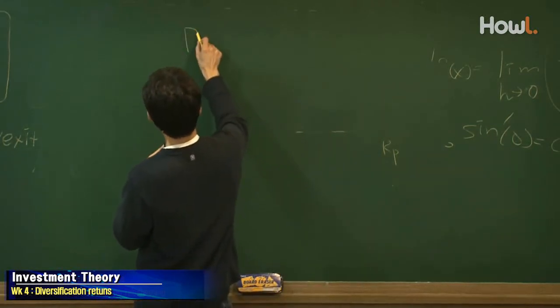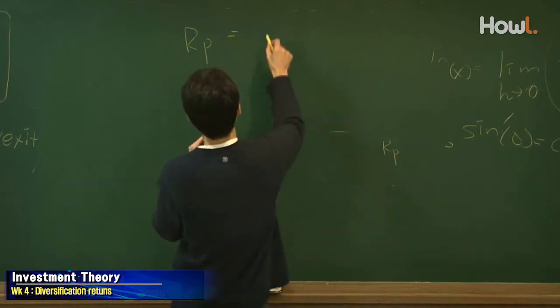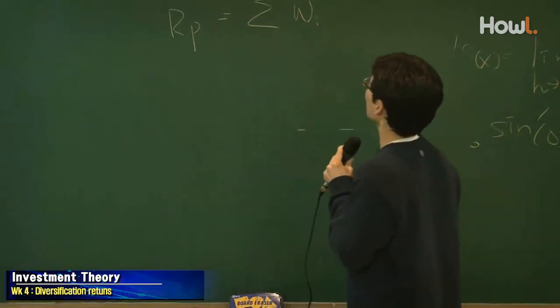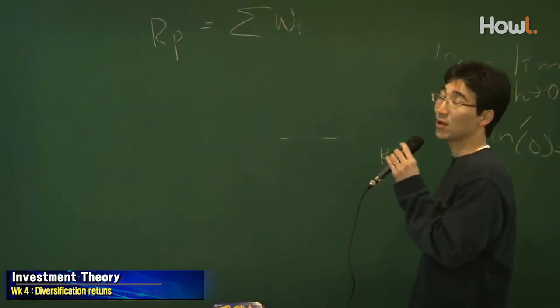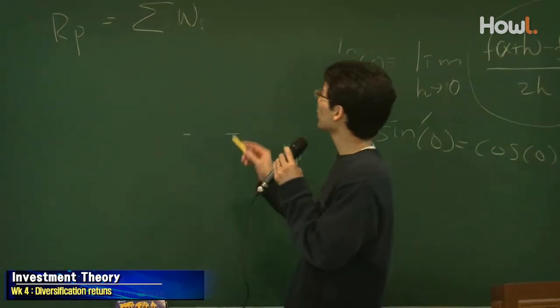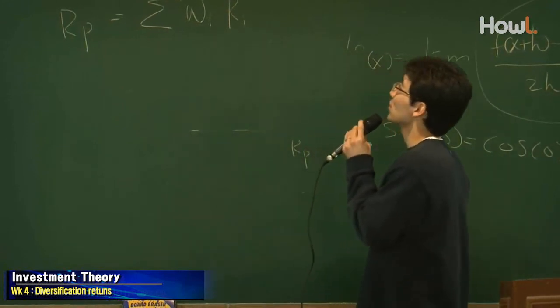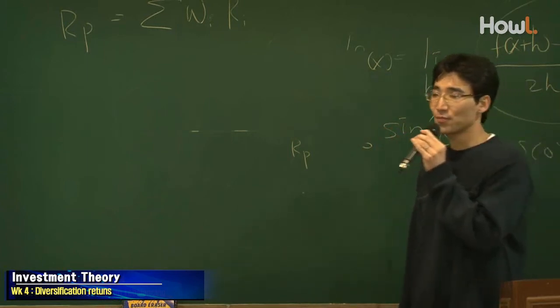So portfolio return is a linear combination of Wi, the portfolio weight of asset i in the portfolio, and Ri, the return of the individual asset.